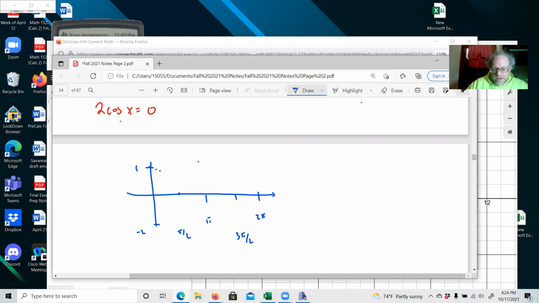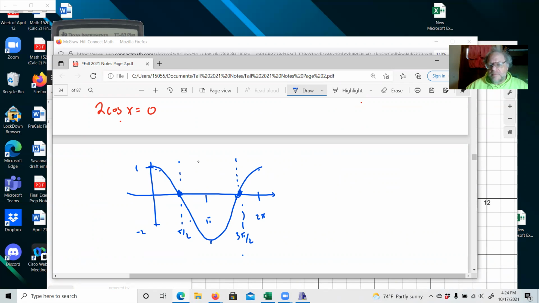So we have here, here, here, and here. When 2 cosine x equals 0, we're here and we're here. So my secant, not cosecant, my secant, that's where there's an asymptote.